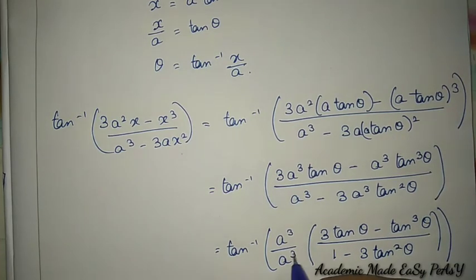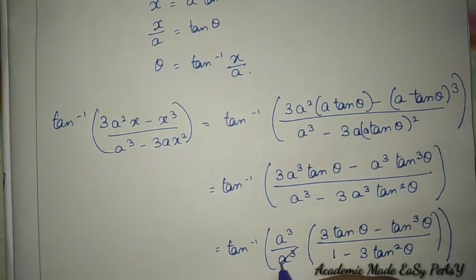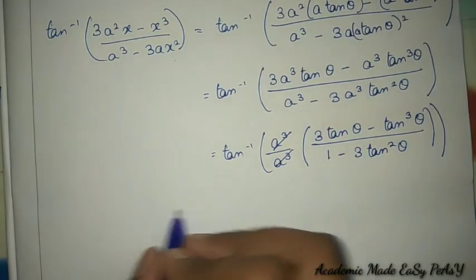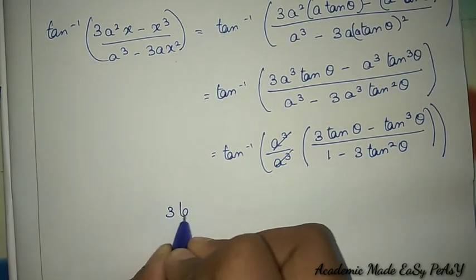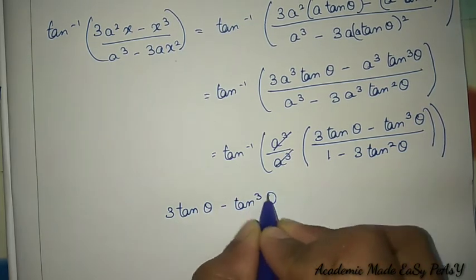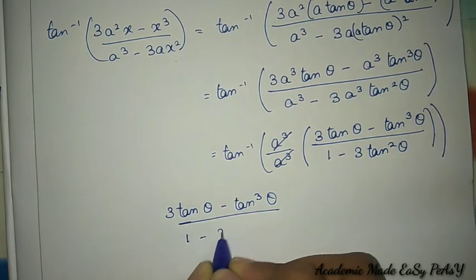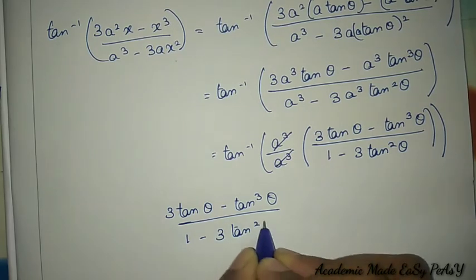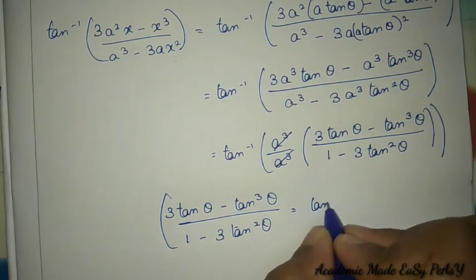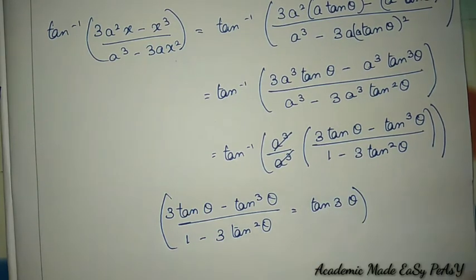Here numerator and denominator are the same, so I can cancel these two. And in the next step I will write 3 tan theta minus tan cube theta divided by 1 minus 3 tan square theta is equal to tan 3 theta.